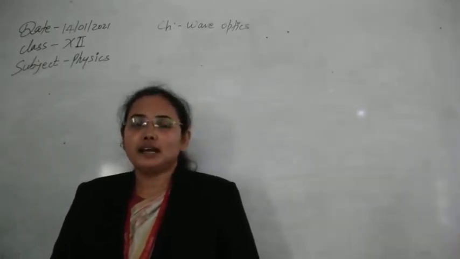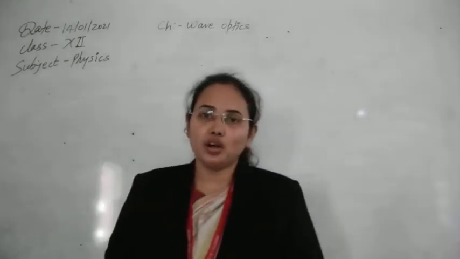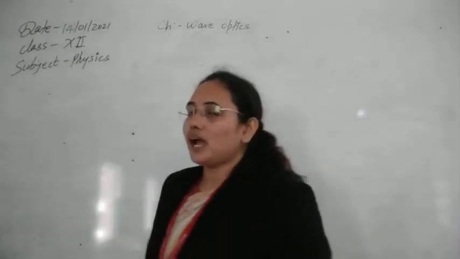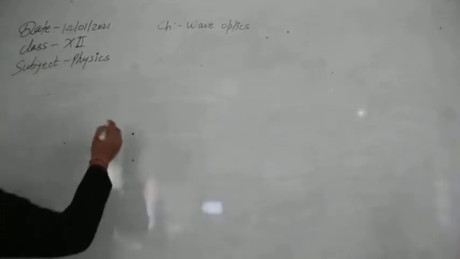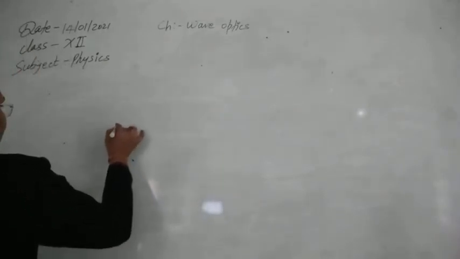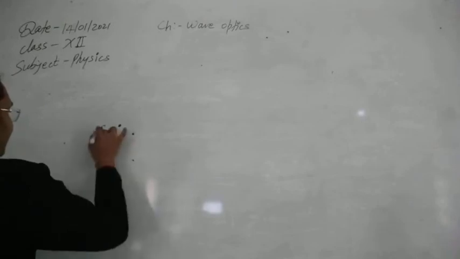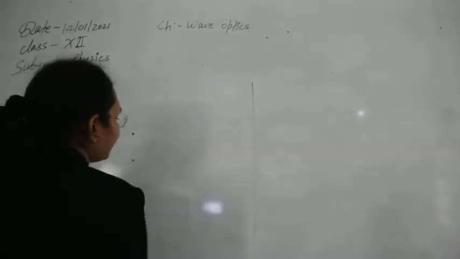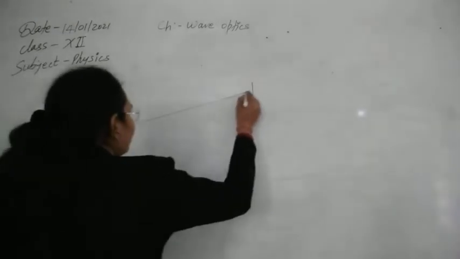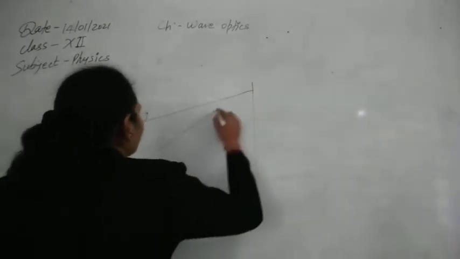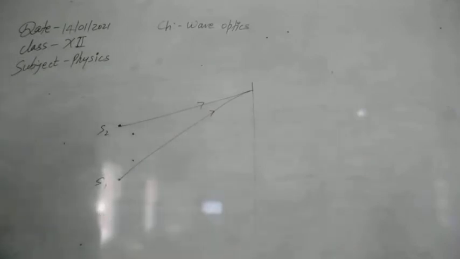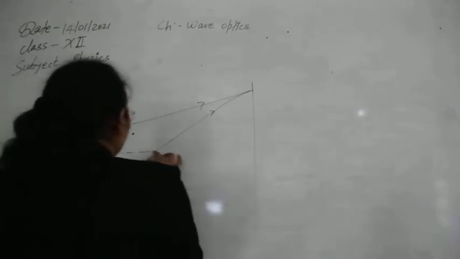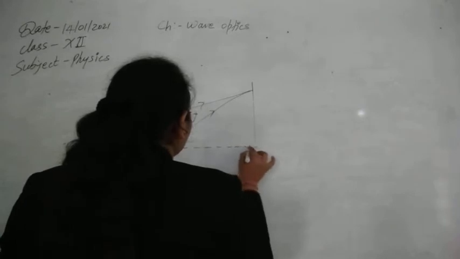Suppose we take the example of Young's double slit experiment again. In that experiment we have two sources S1, S2, and light from these two sources interferes, and we have seen the interference patterns formed and the conditions for them.